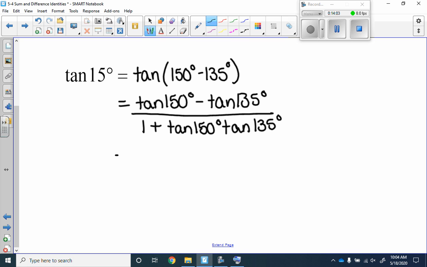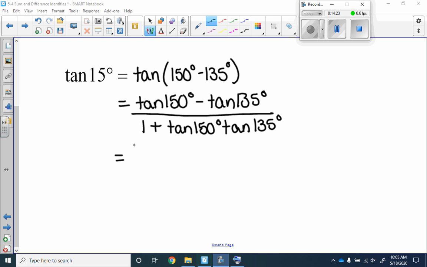Now, this is going to test your simplifying, and you're working with fractions.